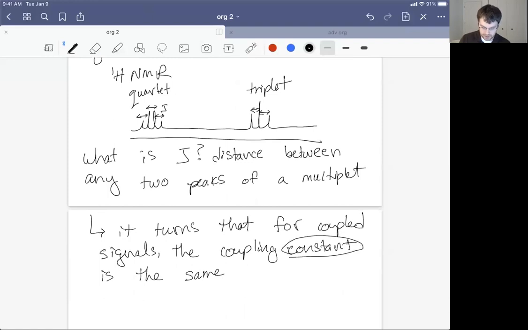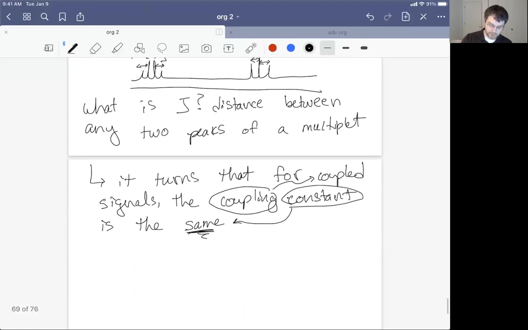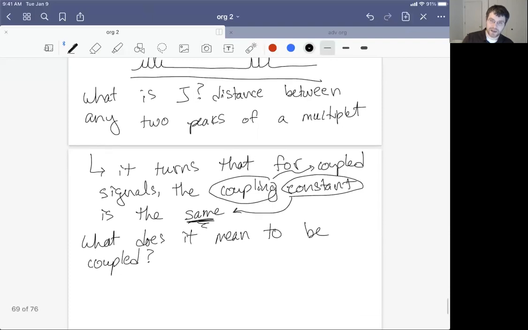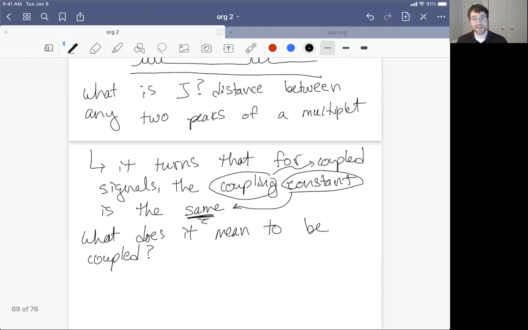So we have coupling constant, that implies same, and coupled appears, let's circle the right word for parallelism. Coupling refers to coupled. Now, what does it mean to be coupled? Well, what that means is that one chemical environment is causing another chemical environment to split, and it actually goes both ways.